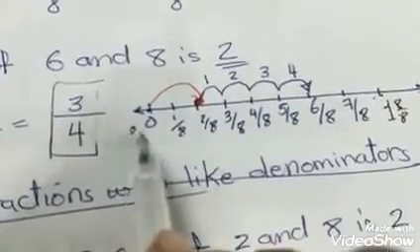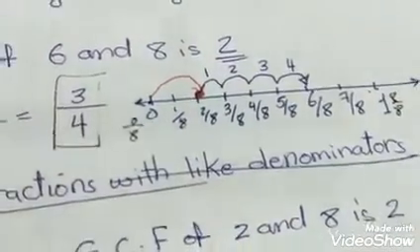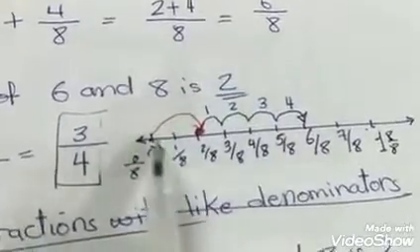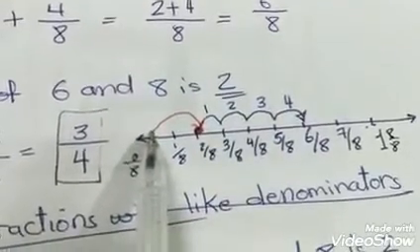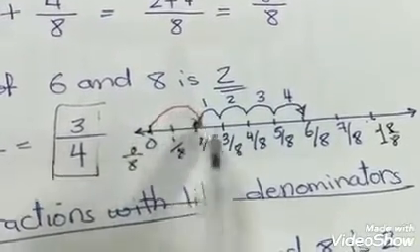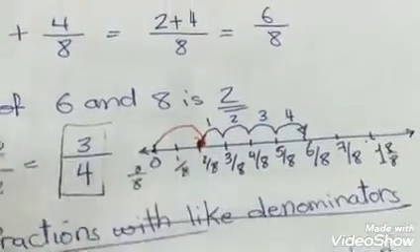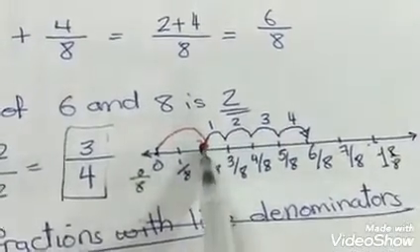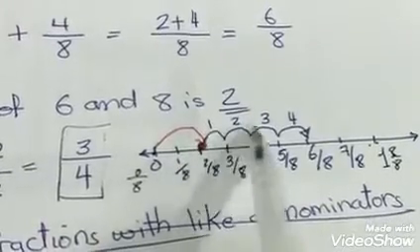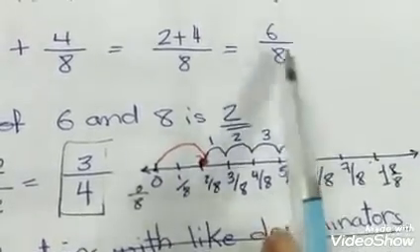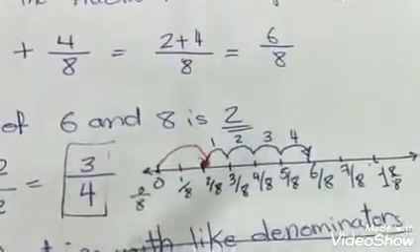And the 0 is 0 over 8, which equals 0. Then I have here 2. So from 0, I will jump 2 units to reach the first addend, okay? Then take the 4 steps, 1, 2, 3, 4, I will reach 6 over 8. This is the result of my sum.